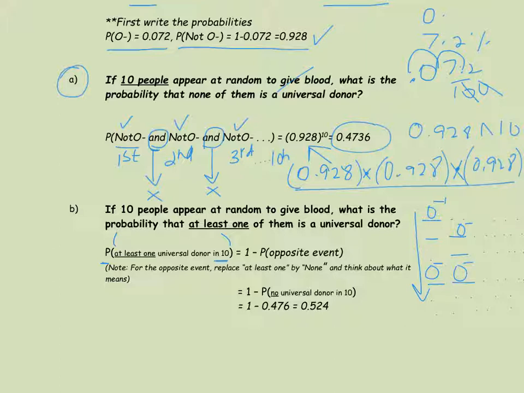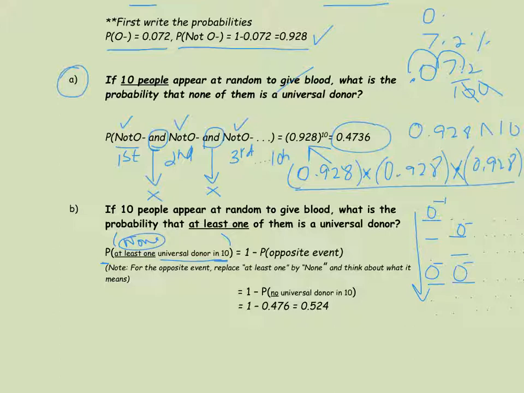The way you figure out the negation of the event, if it's confusing to think through this, is to replace at least one by none, and then you've got the opposite event. Leave everything as it is, but replace at least one by none, and that makes it the opposite event.